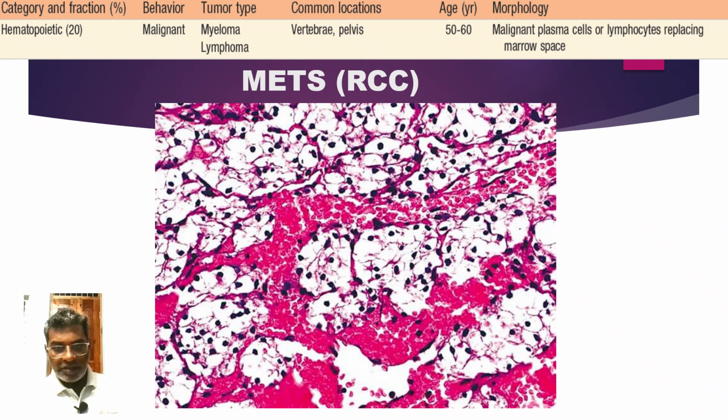These are all metastasis. If you appreciate this, these are all red blood cells, right? And you see all cells with nuclei, okay? And the cytoplasm is clear cell cytoplasm. So the primary tumor will be renal cell carcinoma, mets to bone marrow, okay?